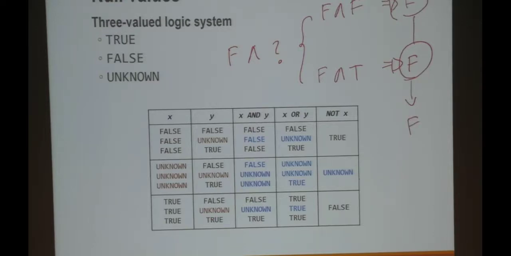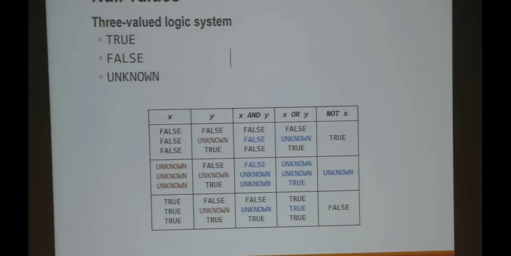On the other hand, if I say true and unknown, again I can use the same principle. True and true: I make the unknown true, and I make the unknown false.